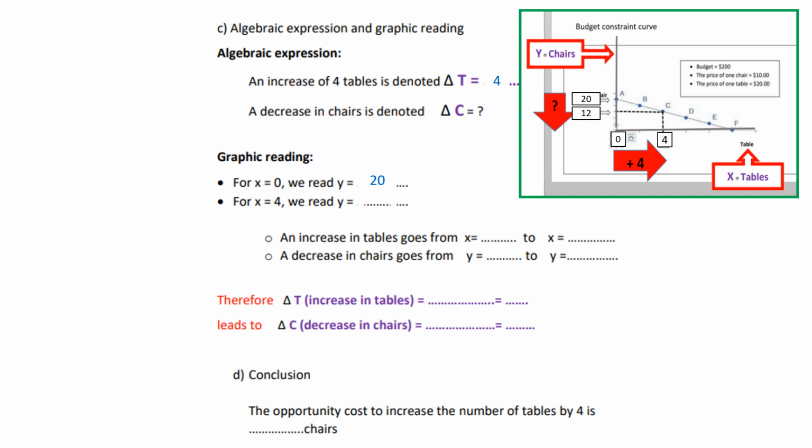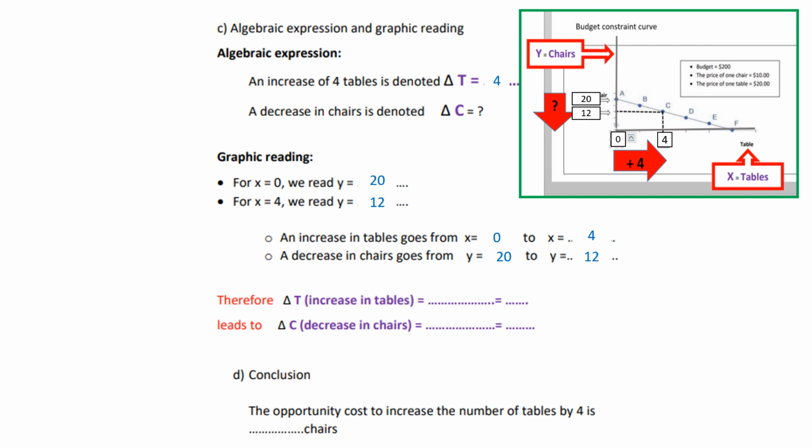We can also read that for x equals 4, the corresponding y value will be 12. So we can therefore observe that an increase in tables goes from x equals 0 to x equals 4. And a decrease in chairs goes from y equal 20 to y equal 12.